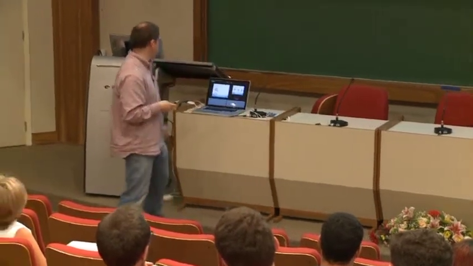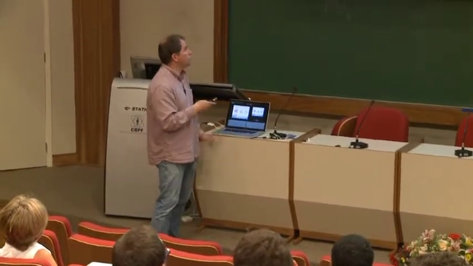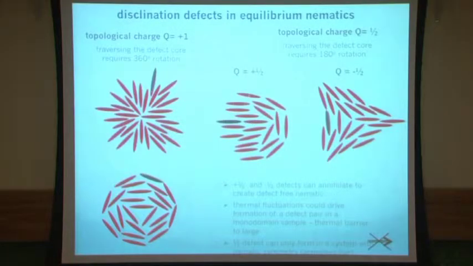That's why you can have lower energy defects, shown over here. If I take this rod and go around, rotating it along the director, it only rotates by 180 degrees, not 360 degrees. So these kinds of defects have a topological charge of +1/2 and -1/2. Okay?